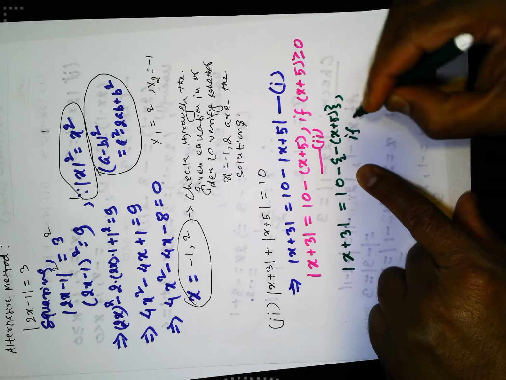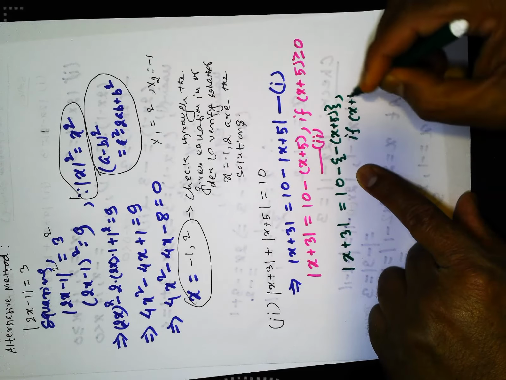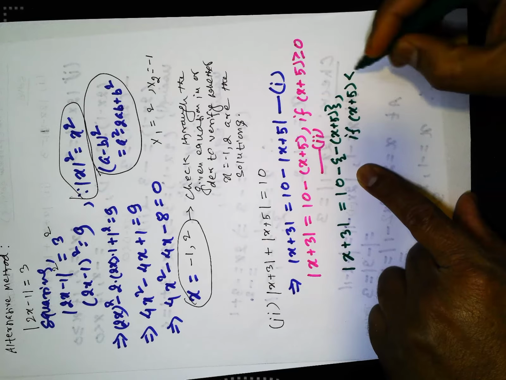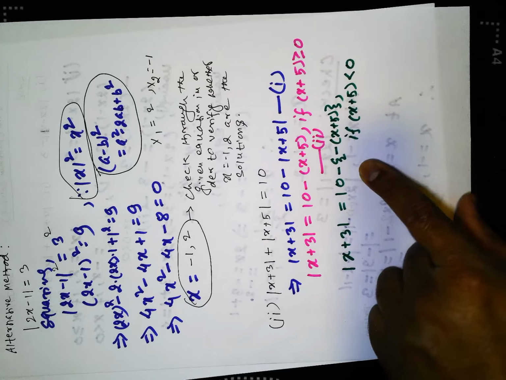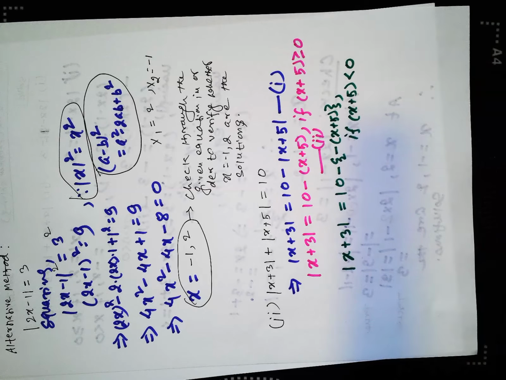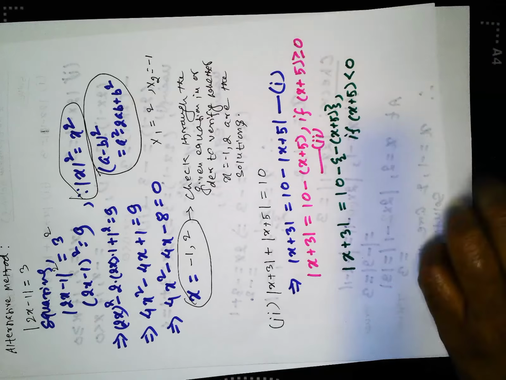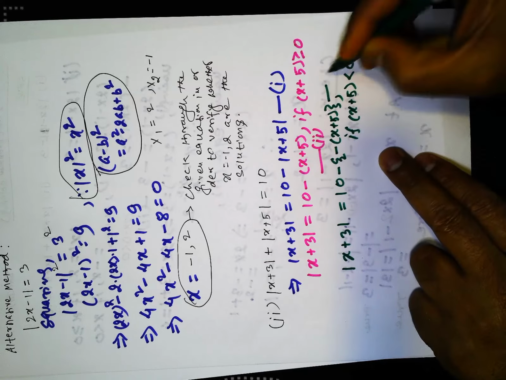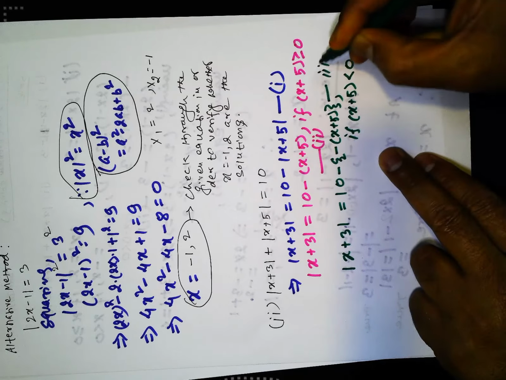If or when x + 5 is negative, that is x + 5 is less than 0. Yes, I'm working with x + 5. So you can say this is equation 3.